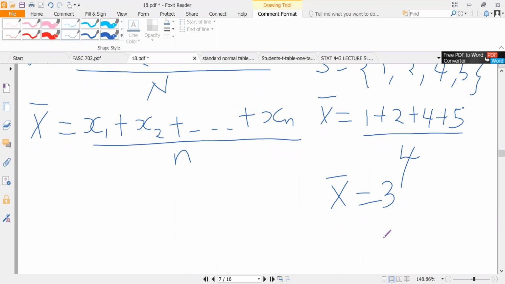Now, this value of X bar that has been calculated using the sample units, we call it a point estimate.